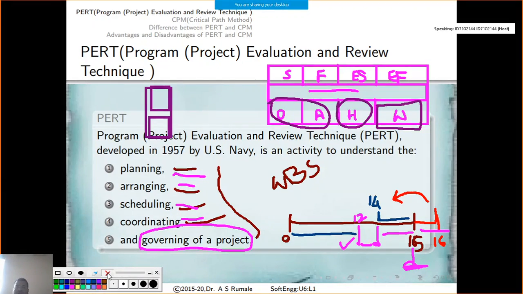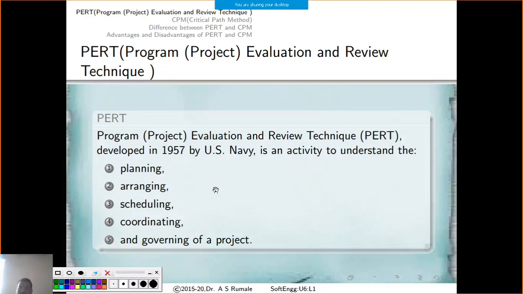So this is what a PERT network, or the Program Evaluation and Review Technique, tries to find out, because in the military they always need to predict with unpredictability.